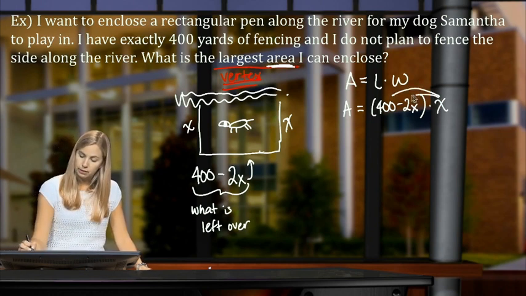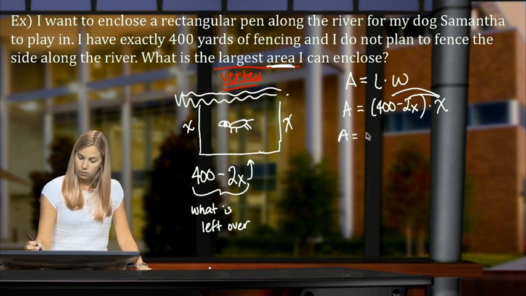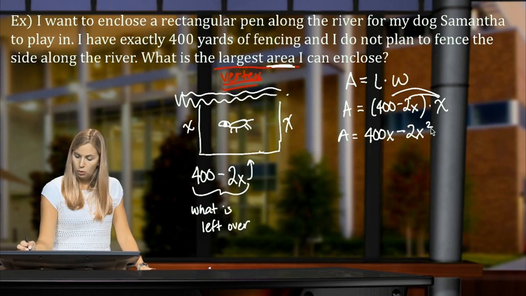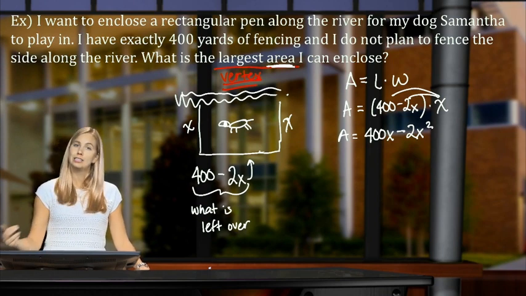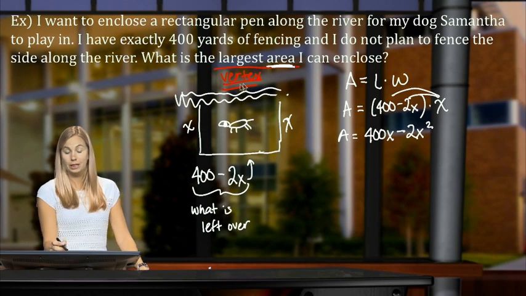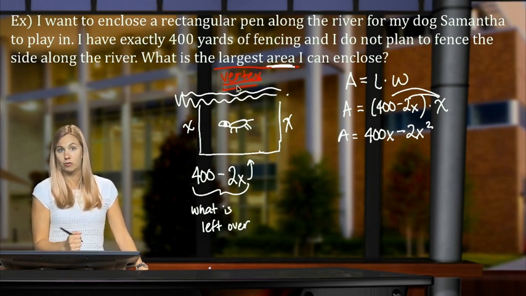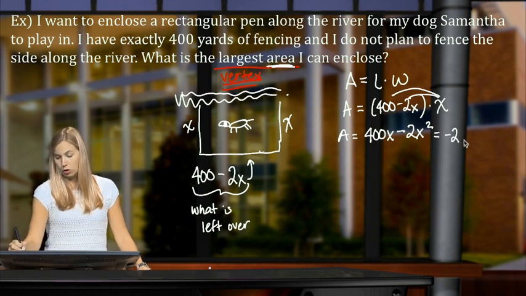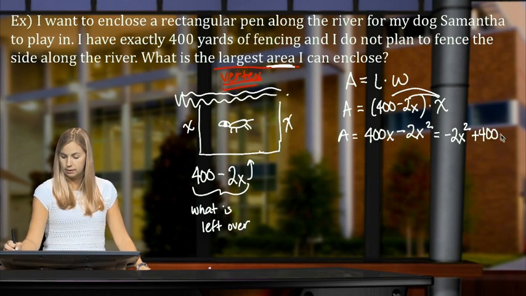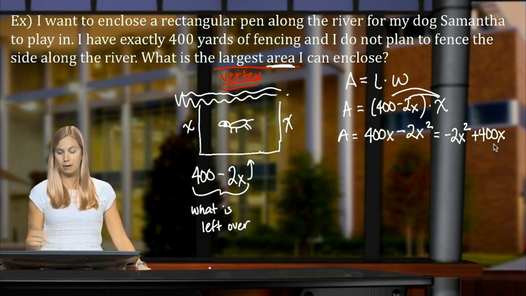If I distribute this x, we get area is equal to 400x minus 2x squared, which is now a quadratic function that we can find the vertex of, which we thought we should do from the very beginning. I'm going to rewrite this so that it's in standard form. Negative 2x squared plus 400x. And now I'm going to start to find my vertex.